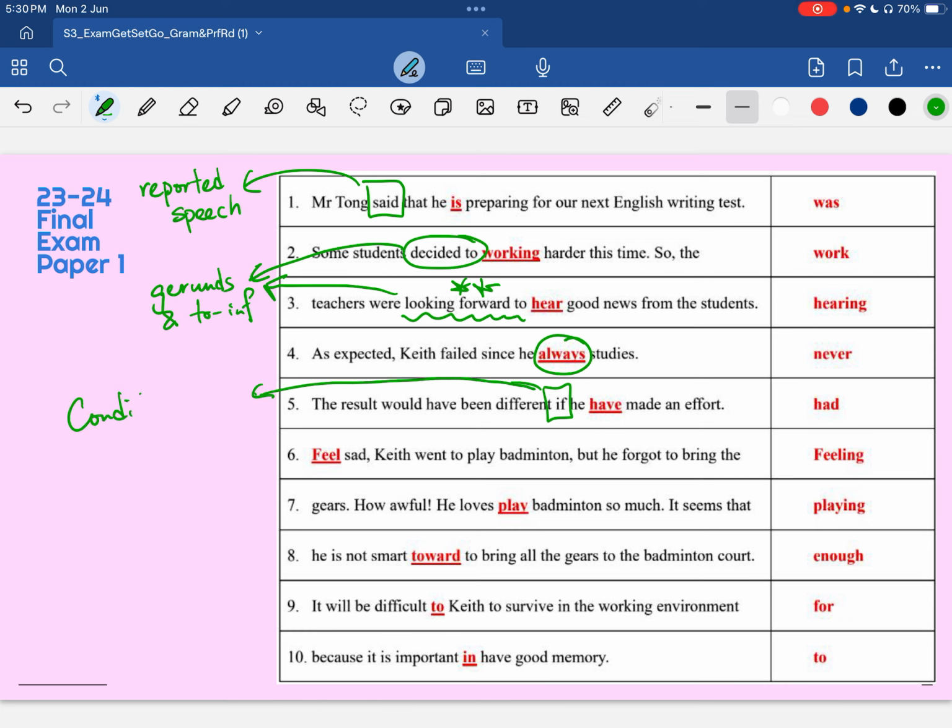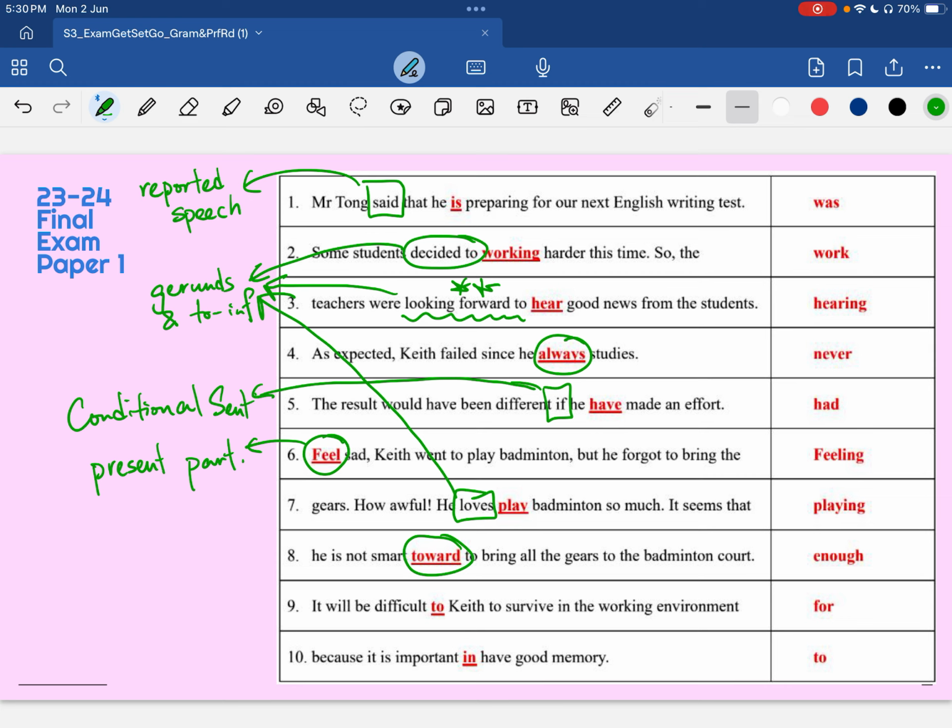Conditional sentences. And then number 6, feeling sad. This one is about present participle. And then loves. Again, gerunds and to infinitive. This one is about meaning for number 8.